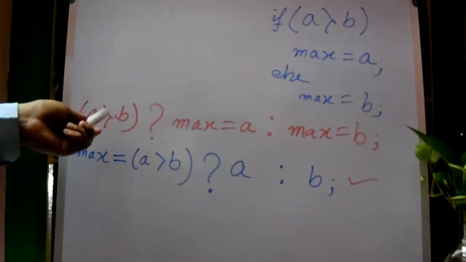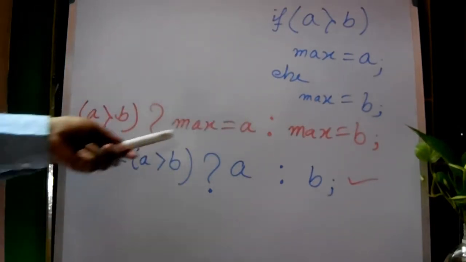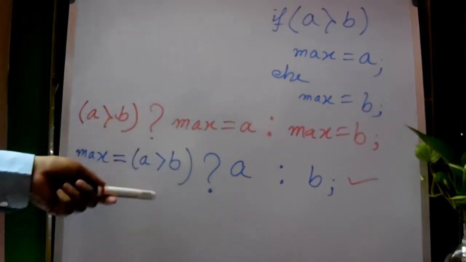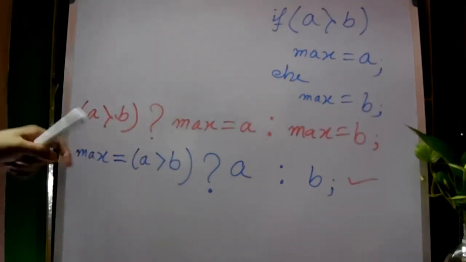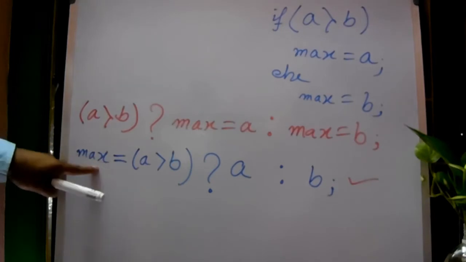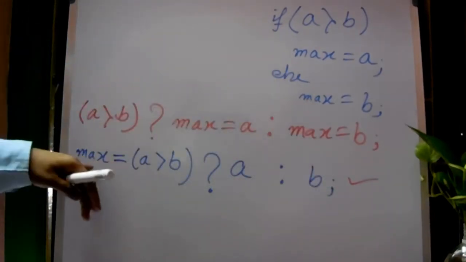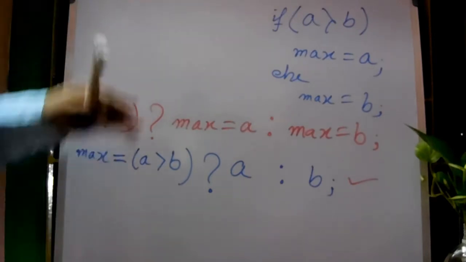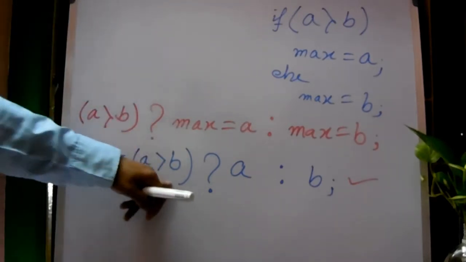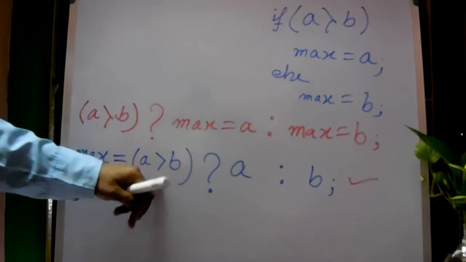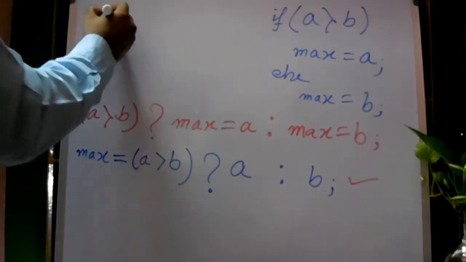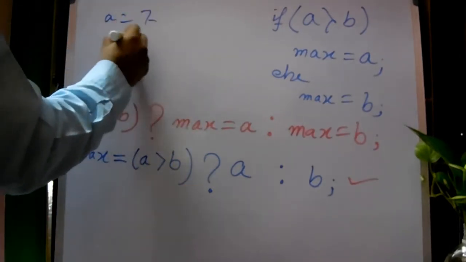Obviously you can see this is a much shorter way to write it. Max will be either a or b, and which value is stored in max depends on the condition a greater than b. Suppose the value of a is 7 and b is 5.